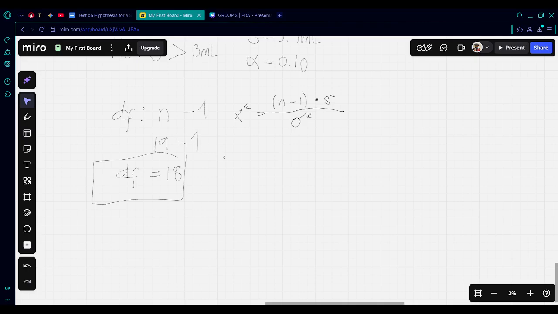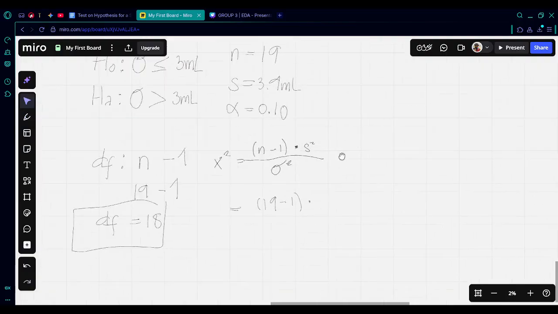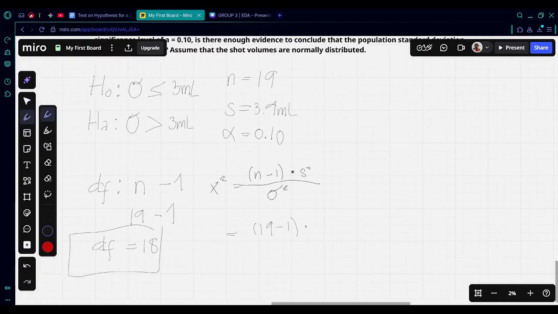Next, let me substitute the given values. We have n minus 1, which is 19 minus 1, multiplied by the value of our S, 3.9, which we will square. Next, we have the value of the variance.